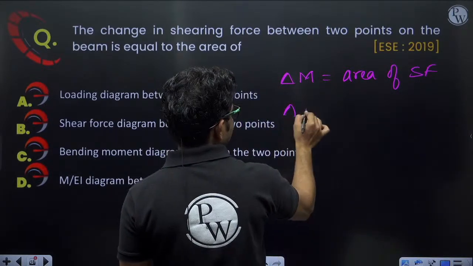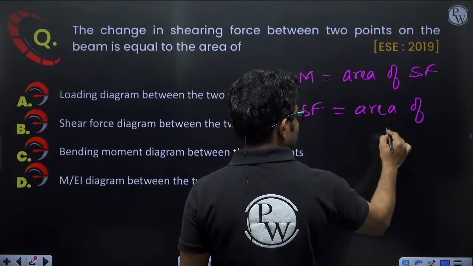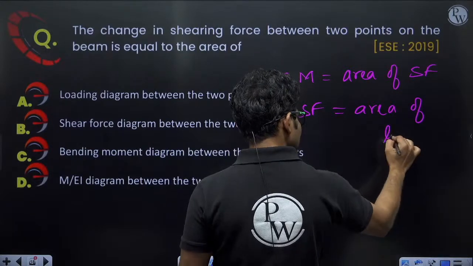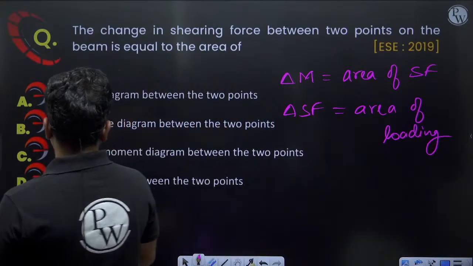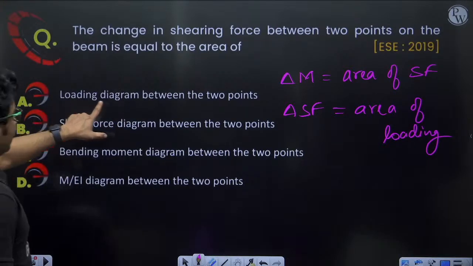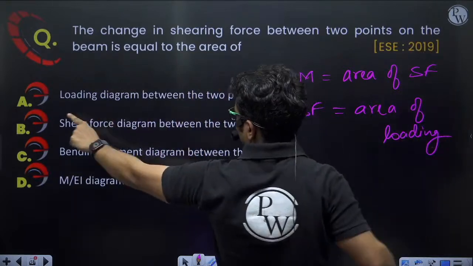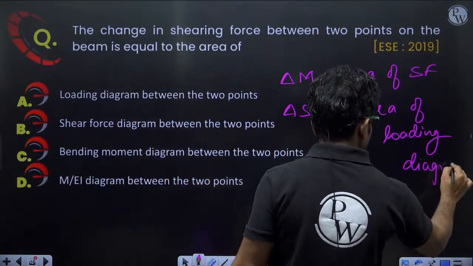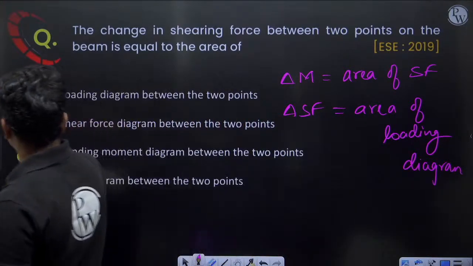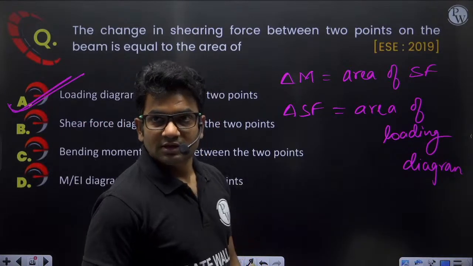So change in shear force will be equal to area of loading intensity, area of loading diagram between the 2 points. Correct answer will be option A. Clear? Next question.